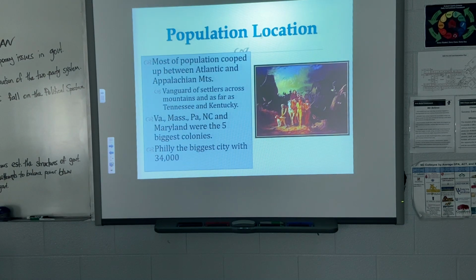As for population location, as we've already said, most of the population was between the Atlantic and the Appalachian Mountains. Virginia, Massachusetts, Pennsylvania, North Carolina, and Maryland were the 5 biggest colonies. Philadelphia was the biggest city, and of course this would eventually become the political hub.